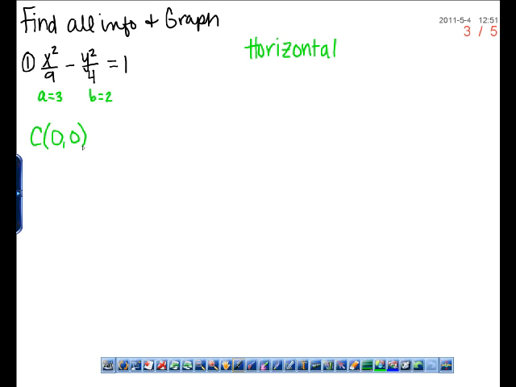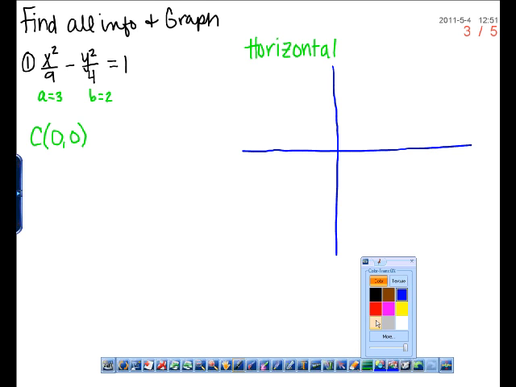All right? So let's go ahead and on our grid, plot our center. My center was at 0, 0. Okay, if A is 3, what does that tell me? Center to vertex. So am I going to go left and right 3 or up and down 3? Left and right. 1, 2, 3. There's a vertex. 1, 2, 3.